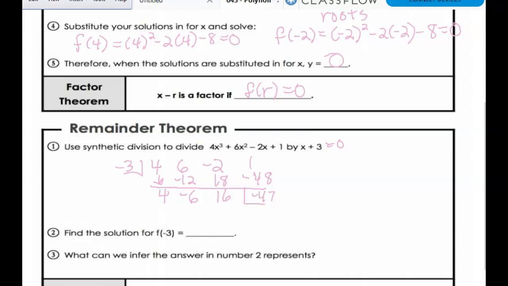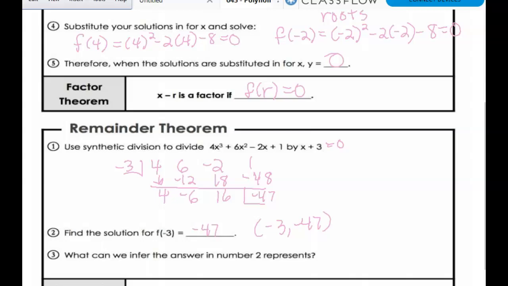So my first question is x plus 3 a factor? It's not, because if it's a factor, what would the remainder be? 0. But I'll tell you what that is. It is the y value. This point is on that graph.